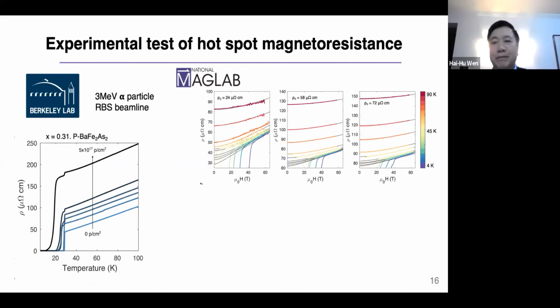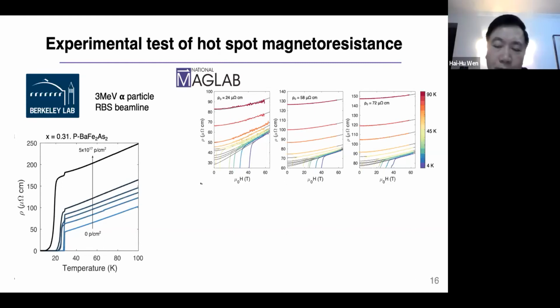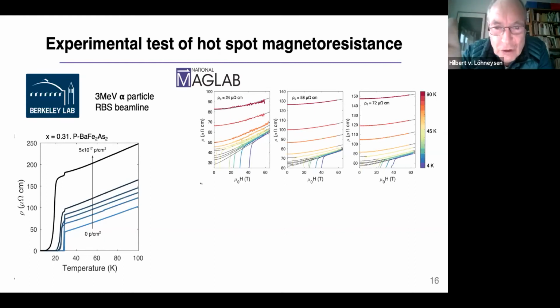I would like to make a comment on that. In this work of Achim Rosch, he showed that if you are at a quantum critical point and have a disordered system, then the hot spot, cold spot interaction will be stronger.